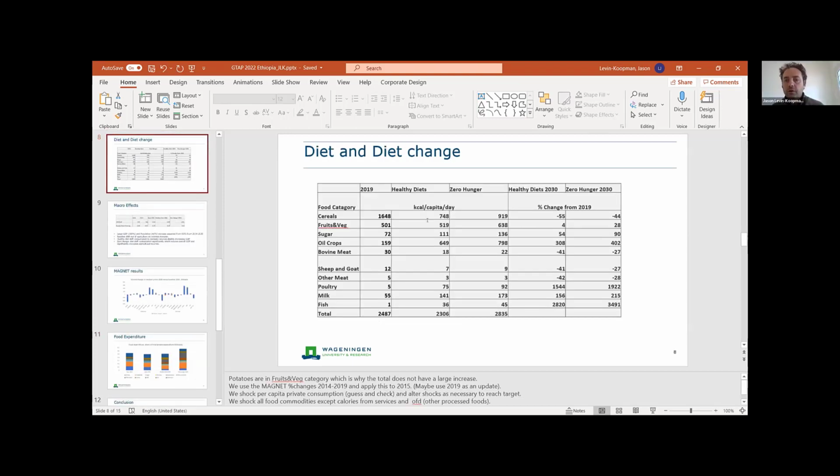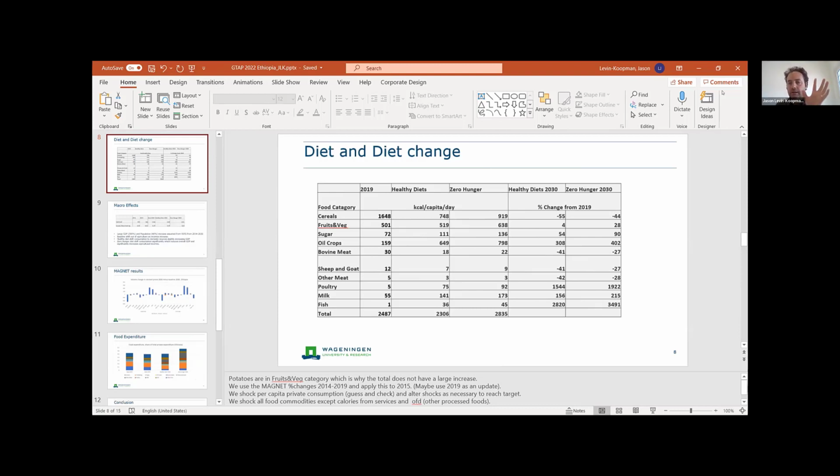Yeah, so those aren't results; those are inputs. We simply imposed this healthy diet, and Magnet, like GTAP, has a single representative consumer. So we don't have any sort of endogenous change about how some people might eat one way or another way.